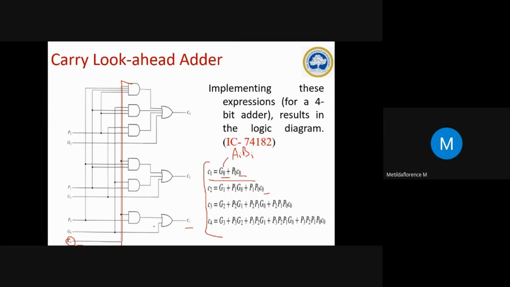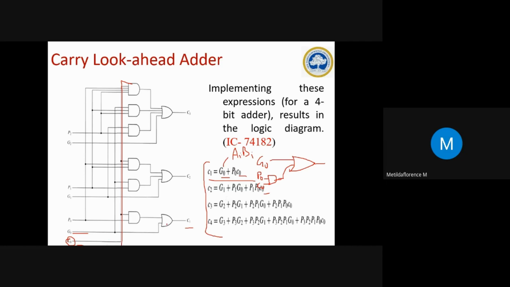First, when you see C1, what is the expression? G0 will come directly. And then plus means I will be using one OR gate, right? Plus means OR gate. And what will be the other input? The other input will be P0 and C0, so I'll be putting one AND gate. It's product, no? Understood this part? Same thing here it is done.